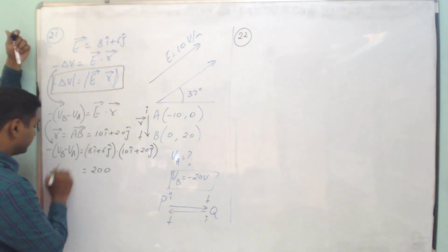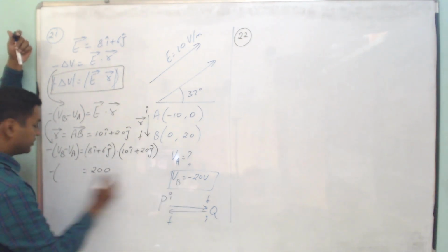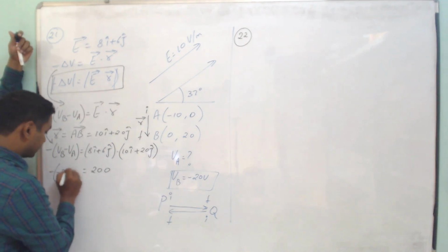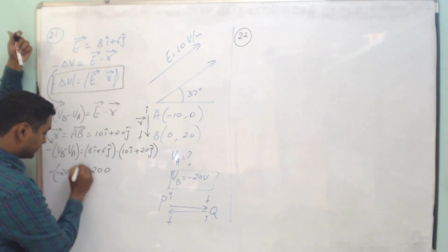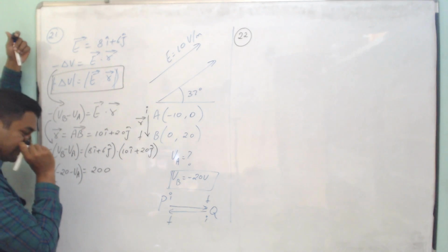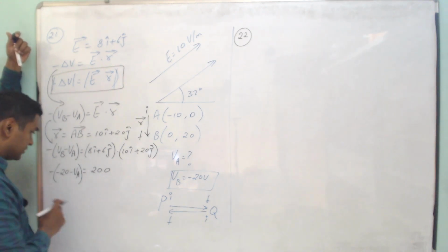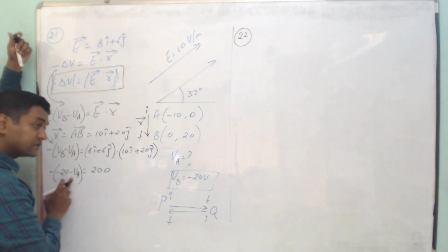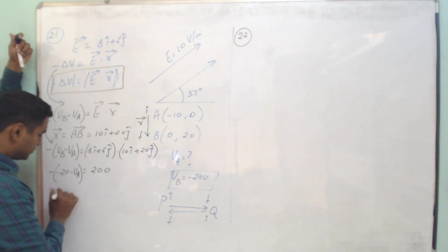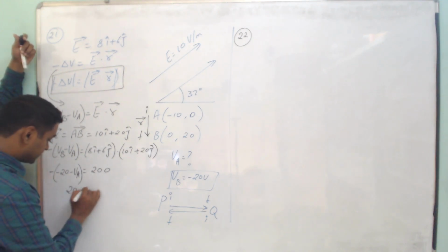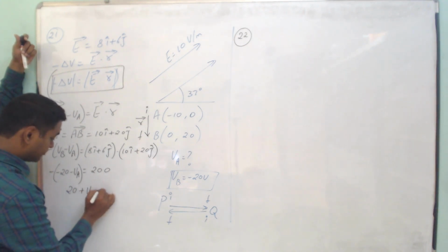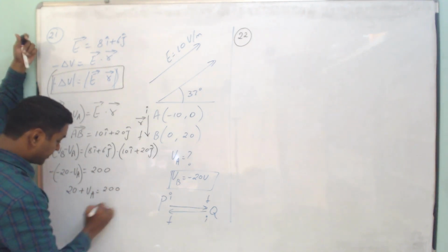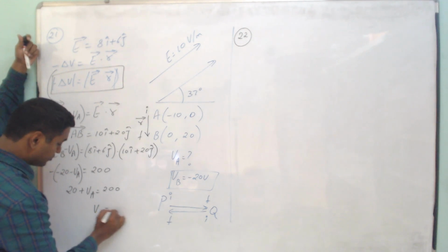Minus of VB minus VA, VB is already given as minus 20, minus VA. So you can take the minus minus outside. Minus into minus will become plus. So we have 20 plus VA is equal to 200. Therefore, my VA is equal to 180.